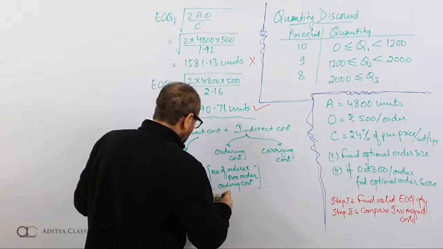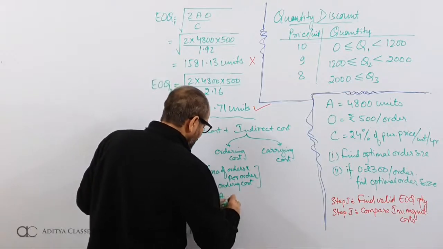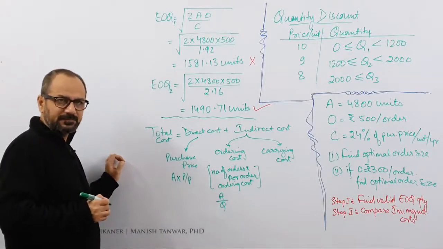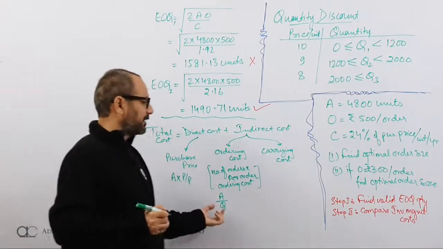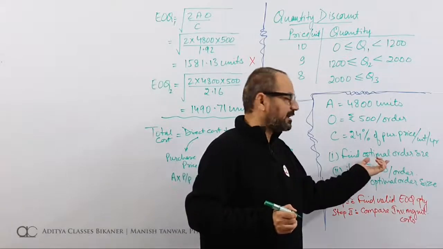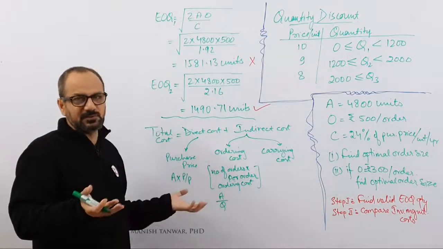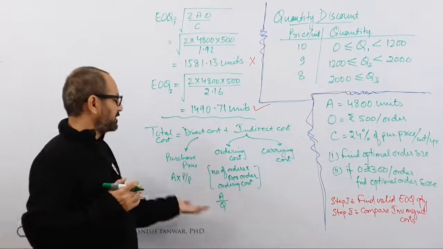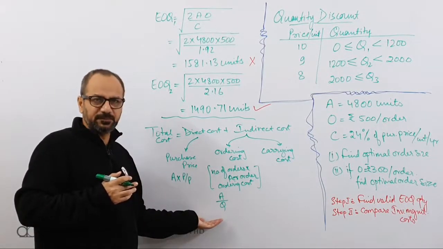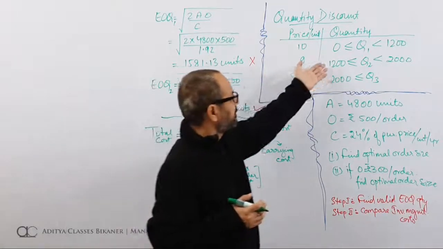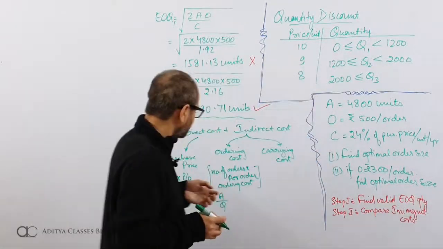Now, if you remember, what is the number of orders? A divided by whatever is your order size. I'm not putting it as EOQ because this time we'll be trying to find out optimal order size. It could be EOQ, but it could be something else also. So instead of calling it EOQ, let us call it order size. Let us call it Q. It can be EOQ, it can be anything. It can be 2000, it can be 1200, it can be something else.